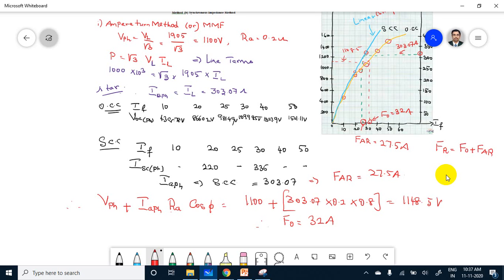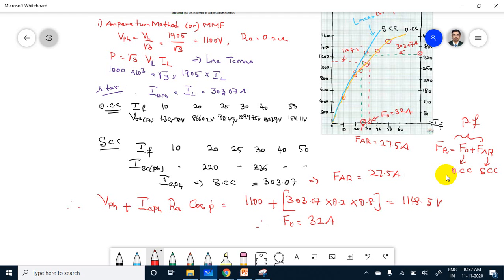One magnetic field, F naught, is produced due to the open circuit characteristics, and FAR is produced due to the short circuit characteristics. These two magnetic fields basically depend upon the power factor.